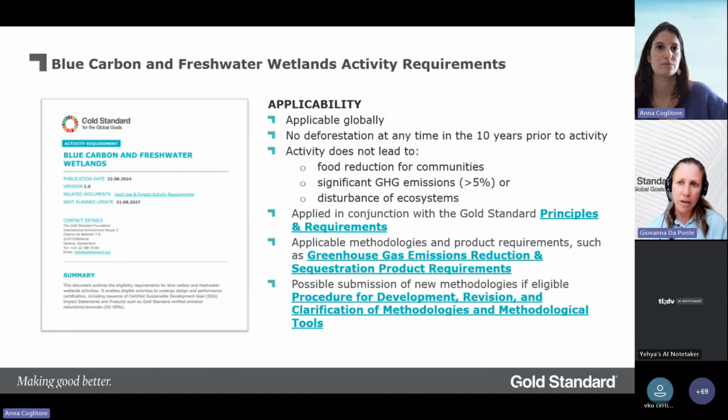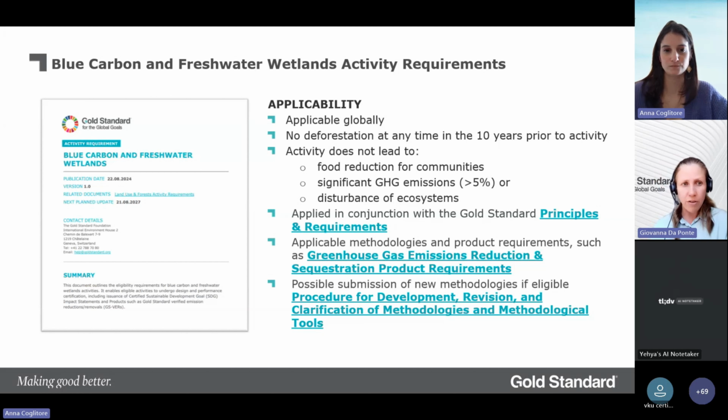We are really looking at projects aiming at, for instance, reintroduction of native vegetation, natural regeneration of mangroves, or even restoring hydrological systems.